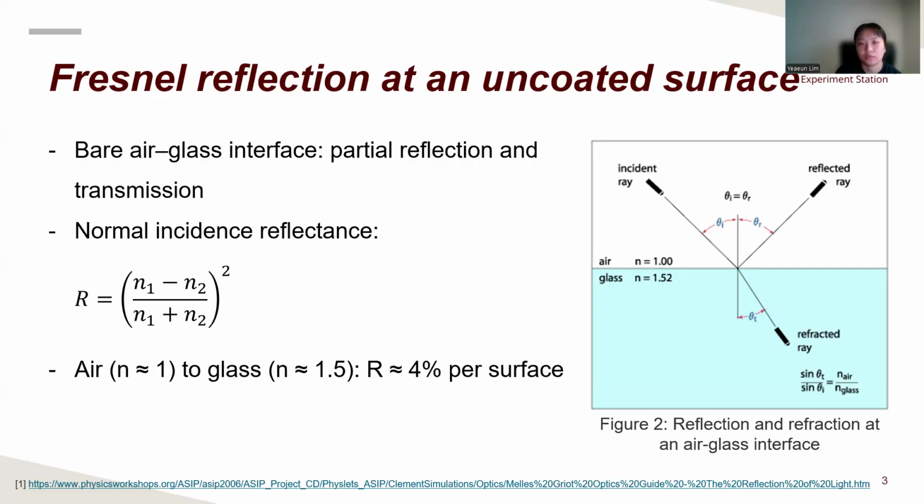Plugging in the indices for air and glass gives roughly 4% reflection from a single surface. So a simple uncoated window already loses a few percent on each side and produces ghost reflections. The goal of many optical coatings is to reduce or control this Fresnel reflection.